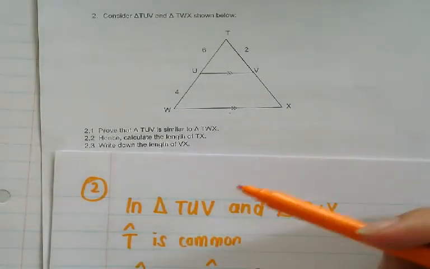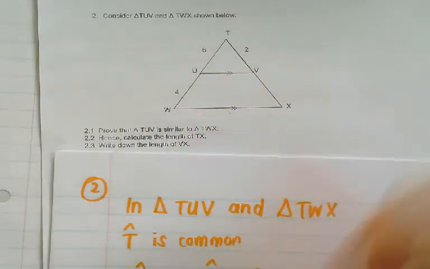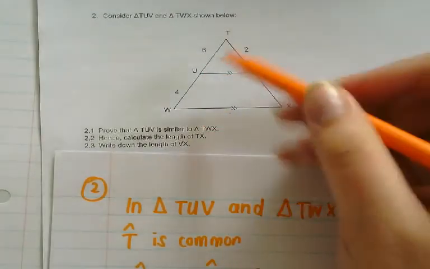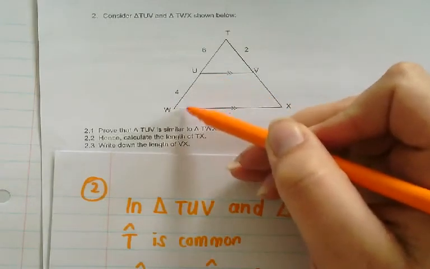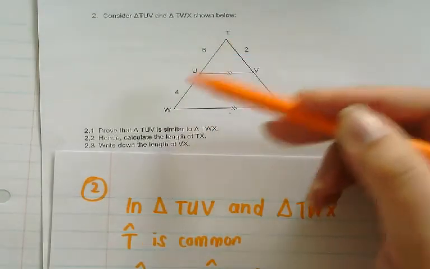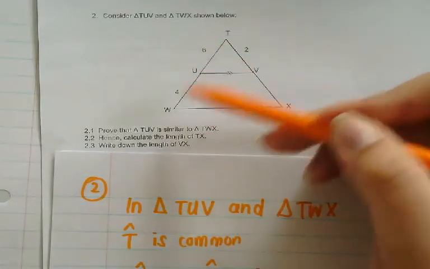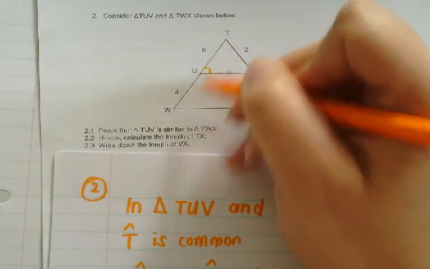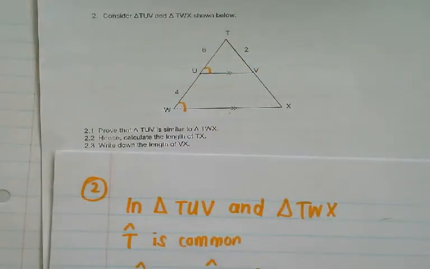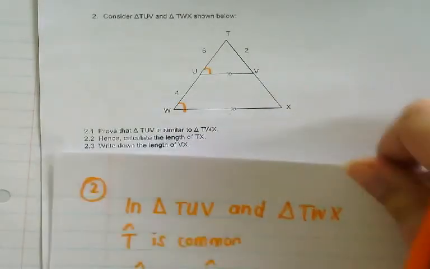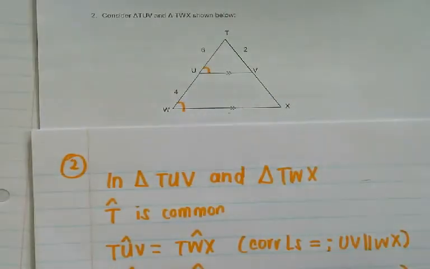Then I have parallel lines, so I'm going to use my F, that angle and that angle are equal. So TUV is equal to TWX. Okay, and my reason is corresponding angles are equal, UV is parallel to WX.